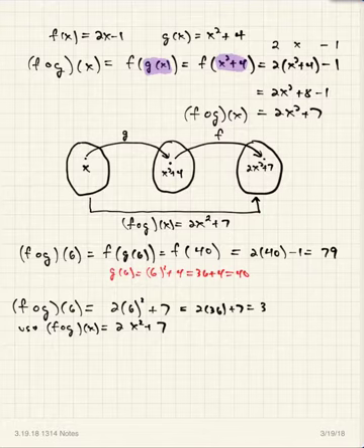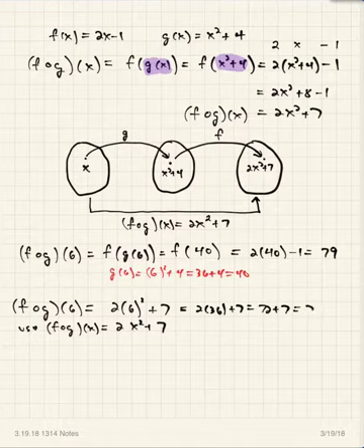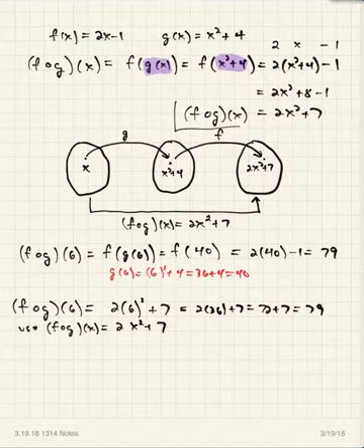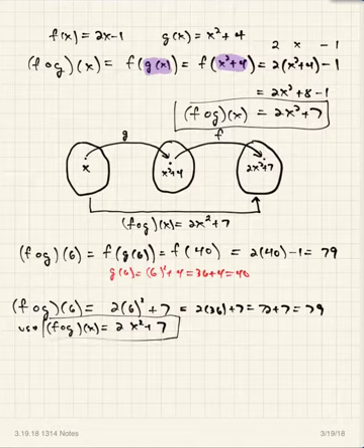Sure enough, you get 72 plus 7, or 79. You obviously get the same thing. So you can evaluate that function value either way: first operating with one function and then the other, or create the composition function first, and then just evaluate that composition function at the numerical value that you're looking at in the problem. So that would be two different ways to do kind of the same thing there.